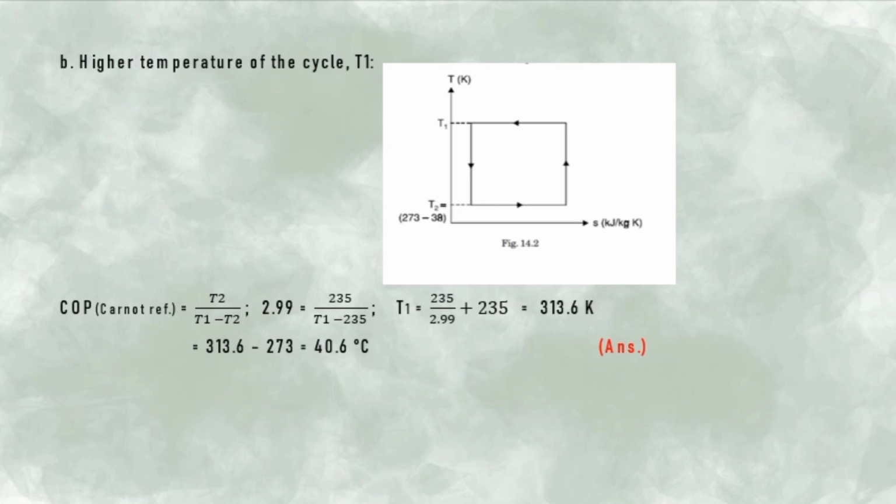We will derive it to have the initial temperature equals 235 over 2.99 plus 235. We have 313.6 Kelvin, and we need to convert it to degrees Celsius. We have 313.6 minus 273, we have 40.6 degrees Celsius.